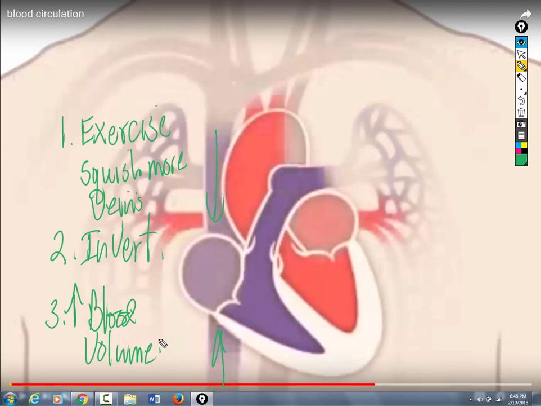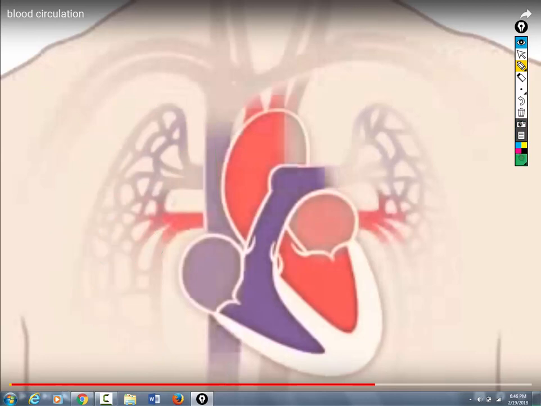Regardless of how you do it, if you increase venous return of blood, now watch, and I want this whole thing explained. Everything right here explained. If you increase venous return of blood to the right side of the heart, what are you going to do to the right heart? You're going to stretch it.